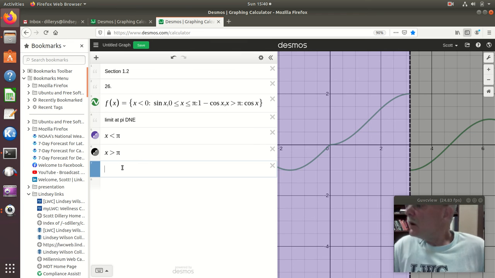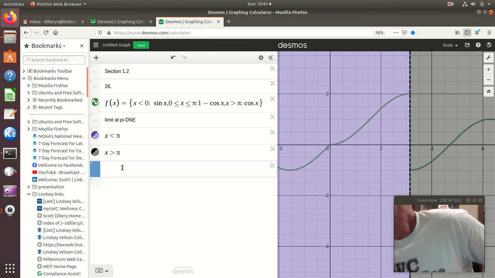Okay, so that was number 26, and the others, it's a little tougher to do with decimals. I mean, we could, but it's just easier to do by hand.